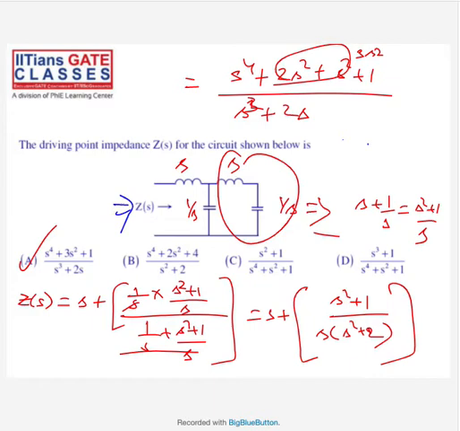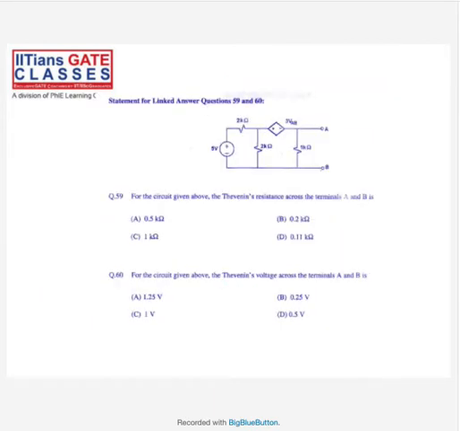As somebody asked, let's do one of the problems from dependent sources. Again, this is a previous year GATE question. So the basic concept is, what is a dependent source?